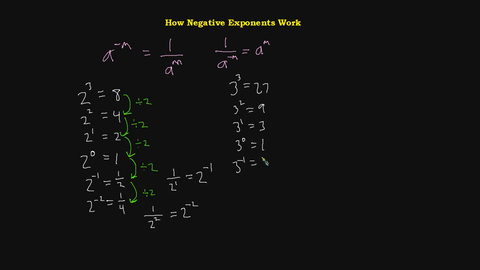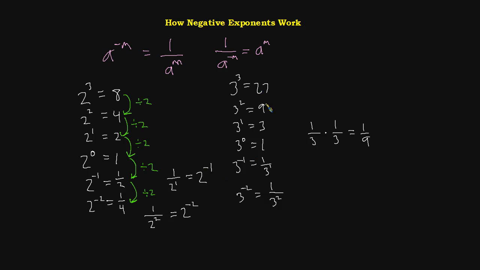Divide by 3, sure enough, 1 over 3 to the 1st power, and 3 to the negative 2, 1/3 times, again, dividing by 3 is like multiplying by 1/3, so 1/3 times 1/3 is 1/9, and again, that could be rewritten as 1 over 3 to the 2nd power. So, 3 to the negative 2 is the same as 1 over 3 to the 2. I just wanted to take a minute and make sure that you understood how this rule worked with negative exponents and where it came from.